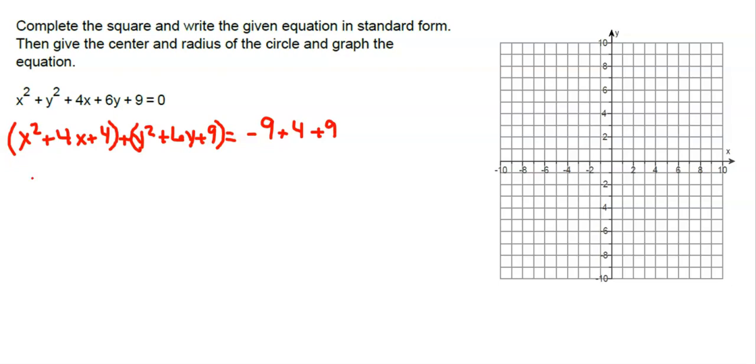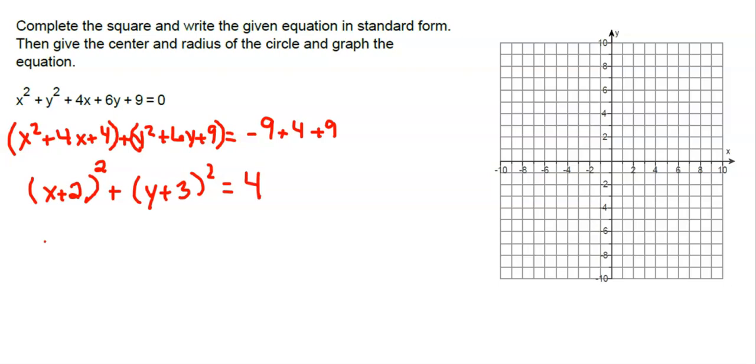Now that we've completed the square, we can rewrite each of these trinomials as a binomial that's been squared. So x squared plus 4x plus 4 factors into x plus 2 squared. y squared plus 6y plus 9 factors into y plus 3 squared. And then on the right side, -9 plus 4 plus 9 is 4.